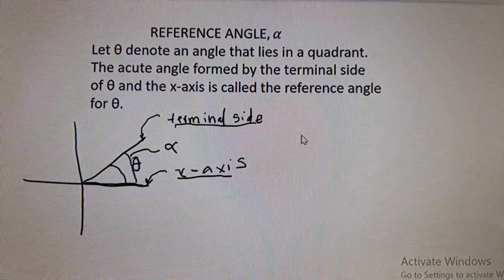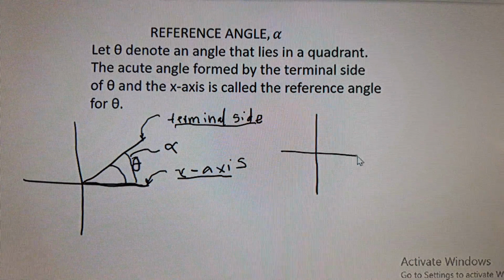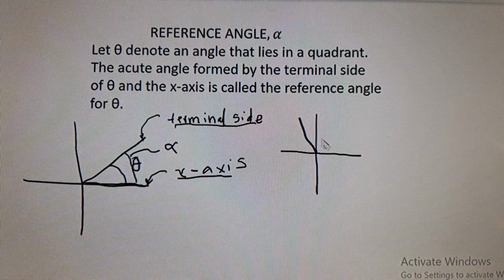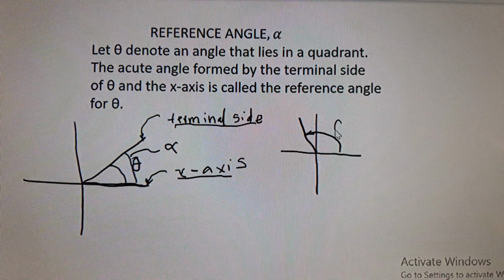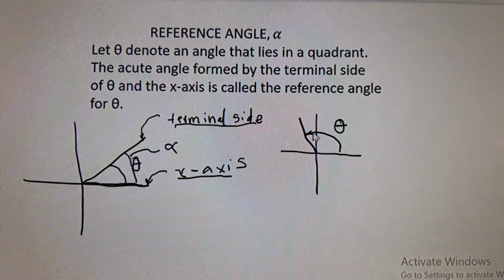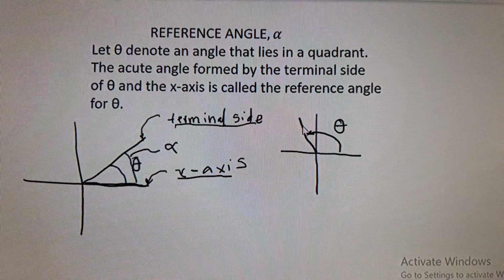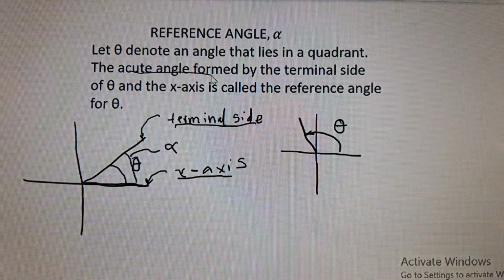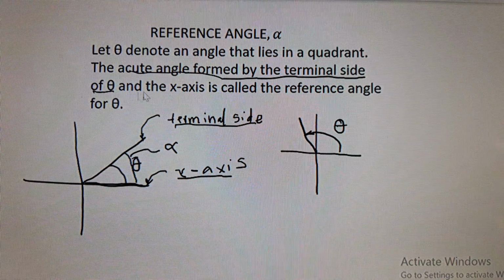Let's assume that we have theta in the second quadrant. So that would be angle theta. What would be the reference angle? Well, if we look at the definition, it is the acute angle formed by the terminal side of theta.